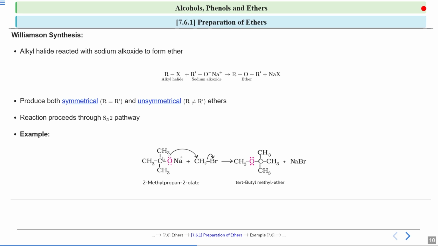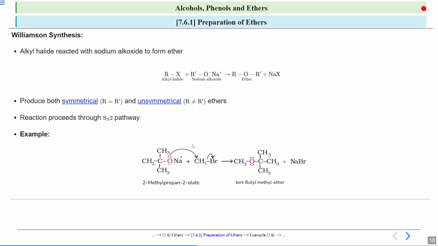If you see here, this is a 3-degree alkoxide. Why? This carbon is further connected to 3 carbons: 1, 2, 3. So this is a 3-degree carbon, and this is a 3-degree alkoxide. How will you name it? 2-methylpropan-2-olate.